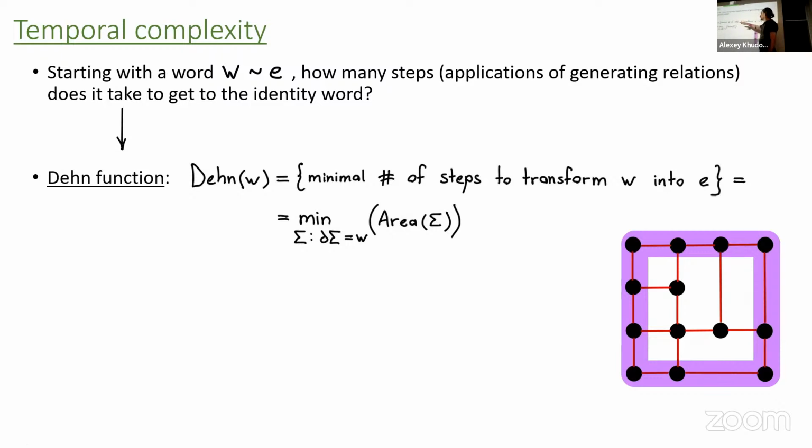Colloquially speaking, the Dehn function is the minimal number of steps that you have to take to transform W into the identity. Pictorially, we can write it as the area of a minimal surface that you can stretch onto this closed loop. Sigma is some surface, we require that the boundary of this surface is our word, and we minimize over all possible surfaces that have this boundary.